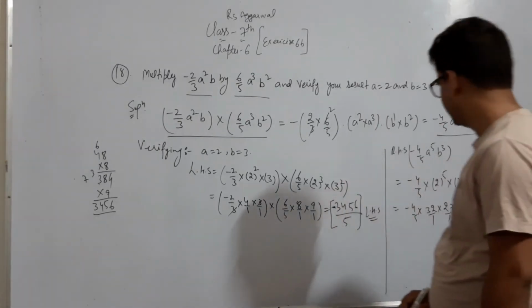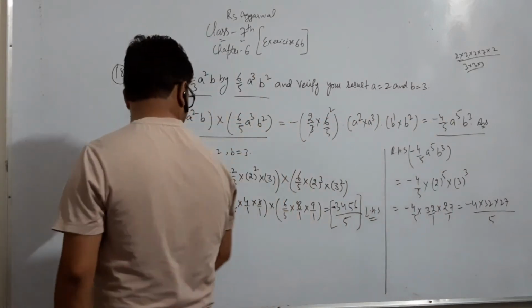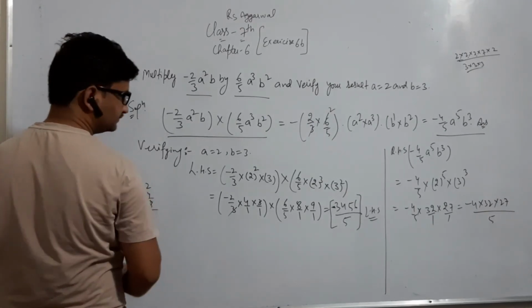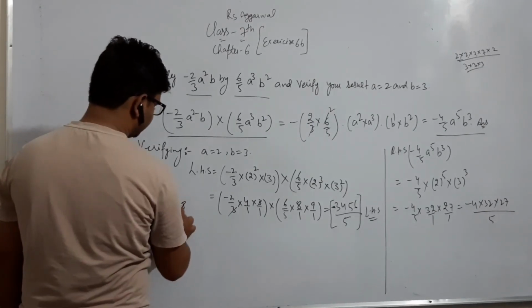Now we multiply 32 first with 4. 32 into 4 is 128. Now 128 is multiplied with 27.